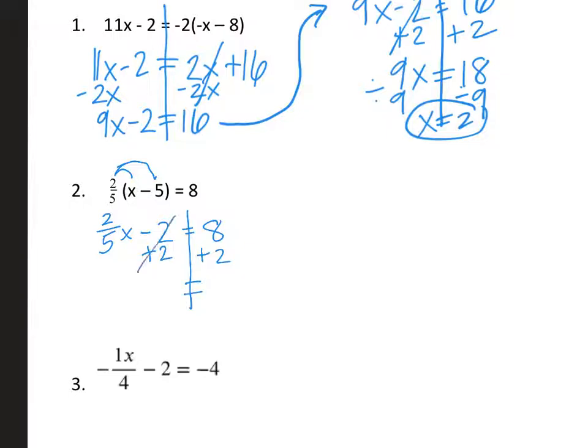Now on the right side of my equal sign, I have 10, and then on the left side, I have 2/5 x. In order to get x by itself, since the coefficient is a fraction, I need to multiply by the reciprocal, so I'm going to do that in red. So I'm going to multiply by 5/2 and do that on both sides.